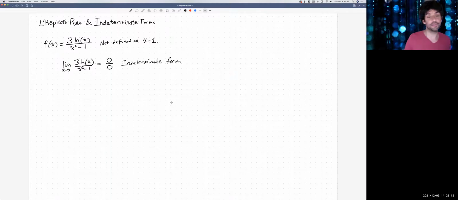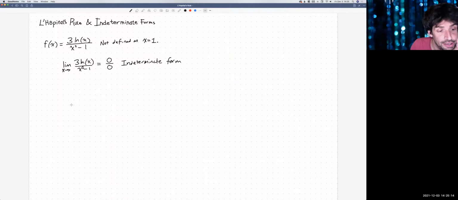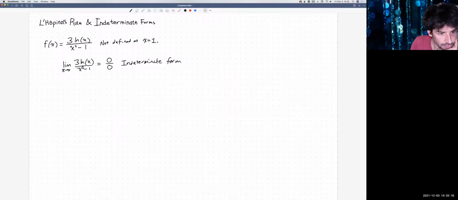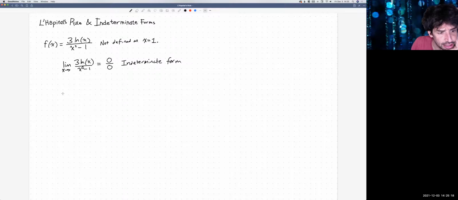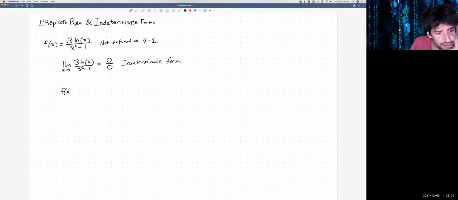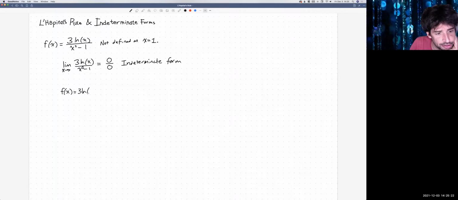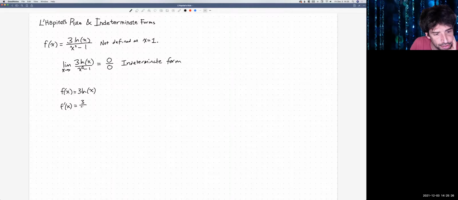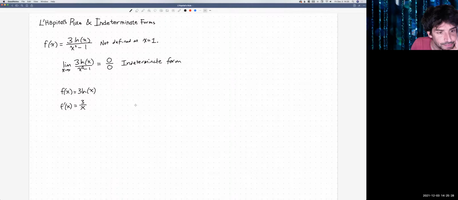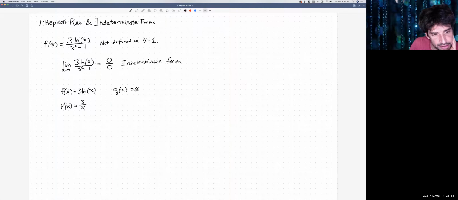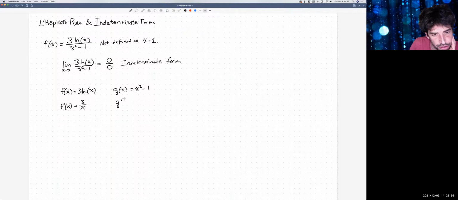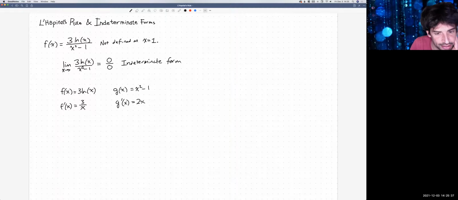But here's a little piece of reasoning we want to try. Let's look at these two functions. I'm just going to give them names. I'll take f of x is equal to 3 natural log of x. f prime of x is going to be 3 over x, and g of x will be x squared minus 1, so g prime of x is equal to 2x.